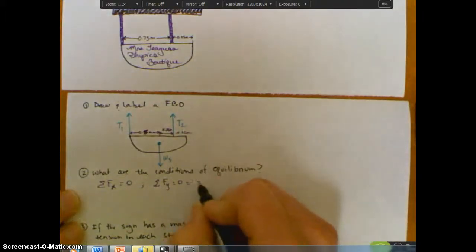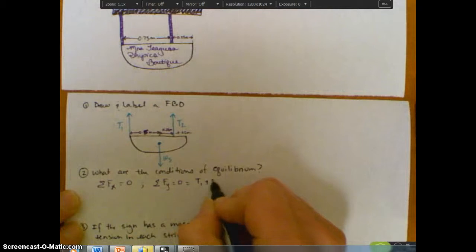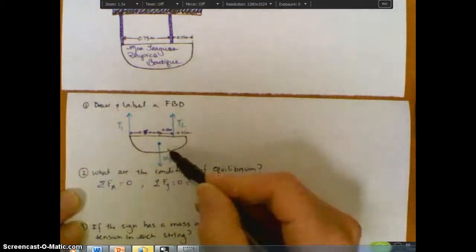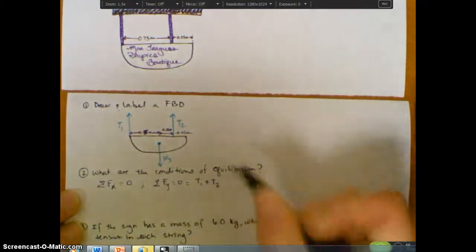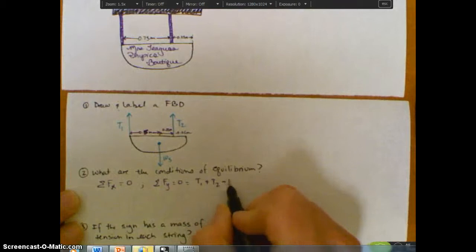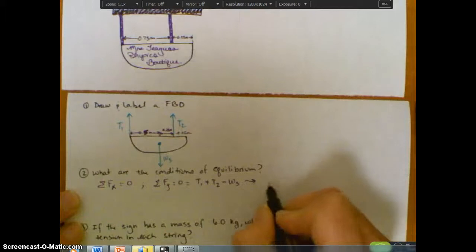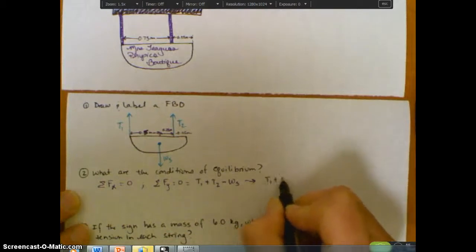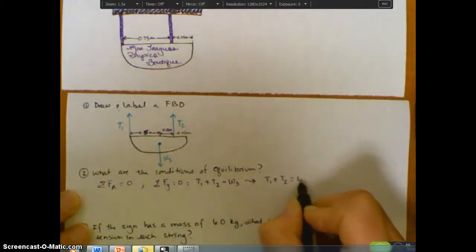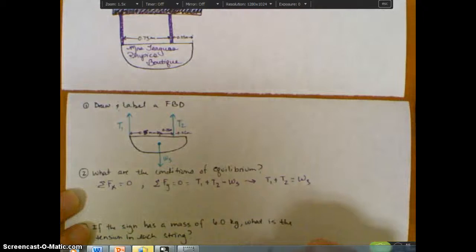T1 and T2 are pointing up, so they are positive. So we have T1 plus T2, and the weight of the sign is pulling down, so it is negative. And those again equal 0. I can rearrange this to say that T1 plus T2 is equal to the weight of the sign.